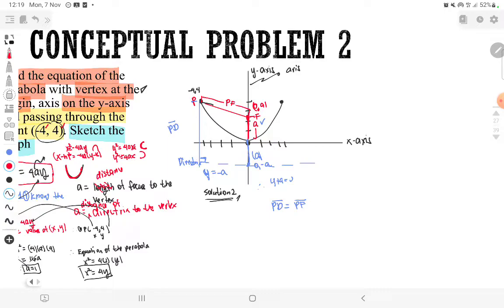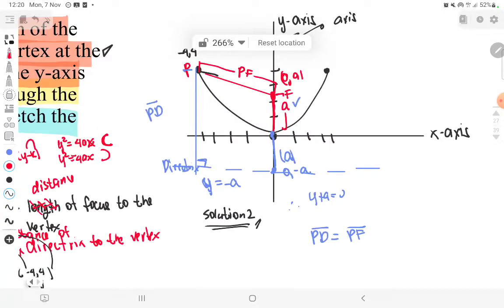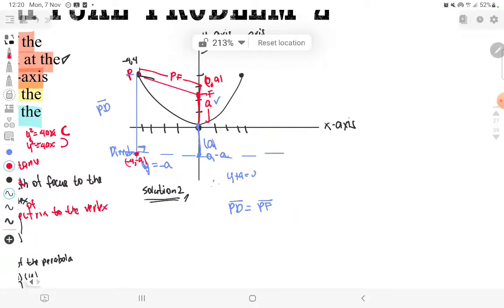But what is our PF? PD, I should say. Now, let's take a look at the point of our PD. So we have negative 4, 4. So therefore, we can understand this as our negative 4, negative a. Okay? So we have the points negative 4, negative a, and negative 4, 4. Now, let's have our PD. Our line PD is equal to, let's use our distance formula. We have the square root of x sub 2 minus x sub 1 squared plus y sub 2 minus y sub 1 squared.